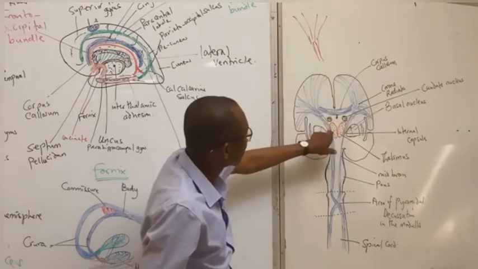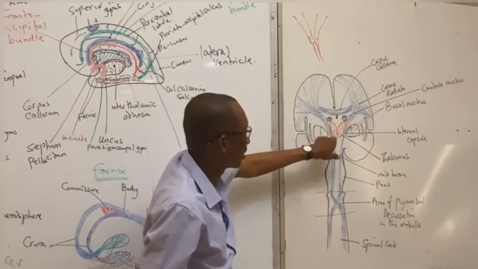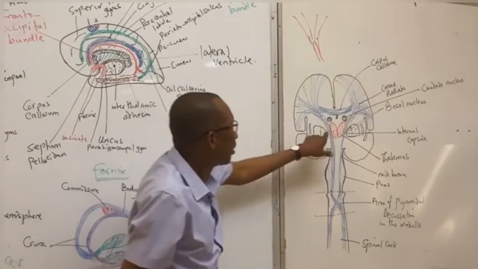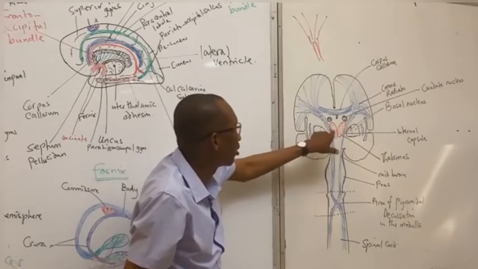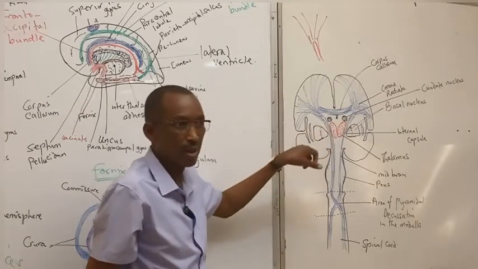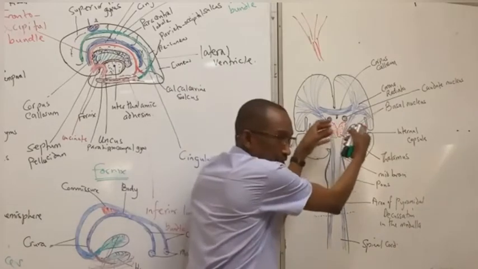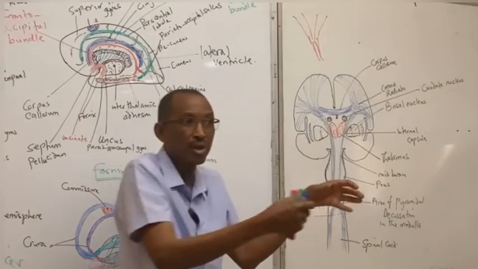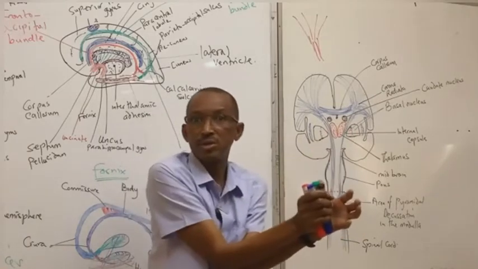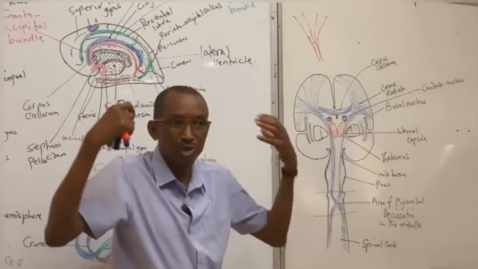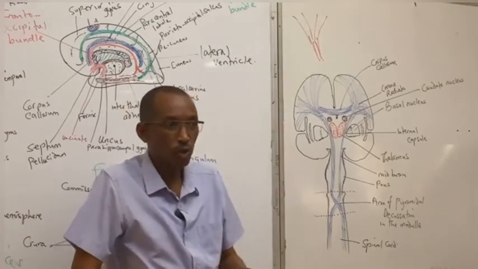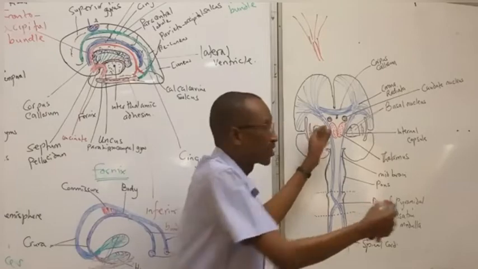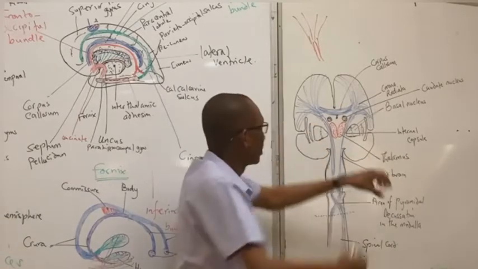So this bundle that is being formed lies in between some important structures. On the medial side, this bundle of fibers is what we call the internal capsule, because it encapsulates certain important structures. When we say a capsule, that means it surrounds, you get it? Just like you put a blanket over you, so you are encapsulating yourself. So here, the bundles surround important structures.